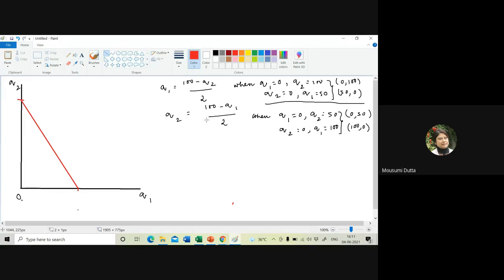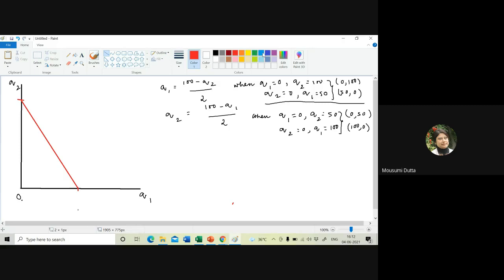Next, the other equation was Q2 equals (100 minus Q1) by 2. This was the reaction curve of the second duopolist. Now, if you set Q1 equal to 0, you are getting Q2 to be 50. So one coordinate can be (0, 50). Another coordinate can be (100, 0).